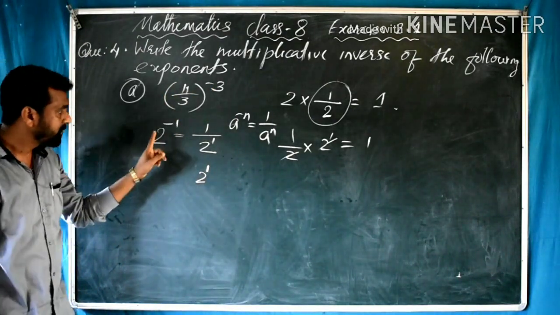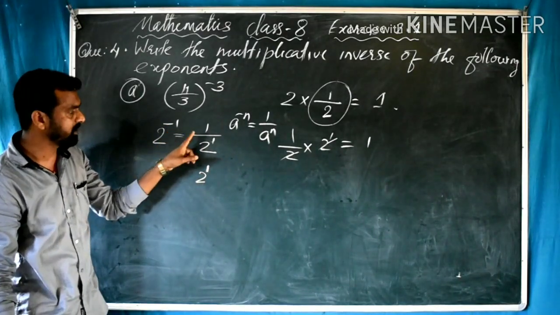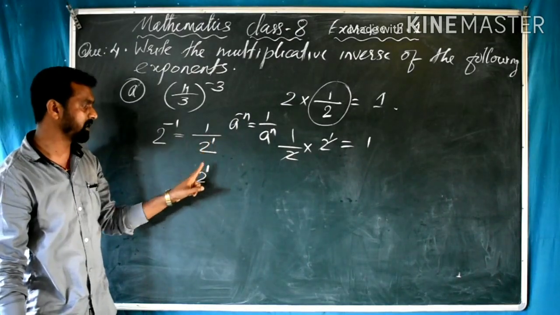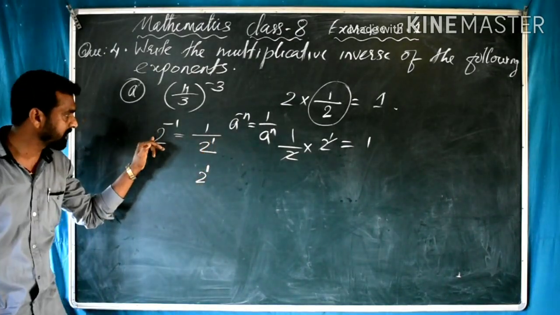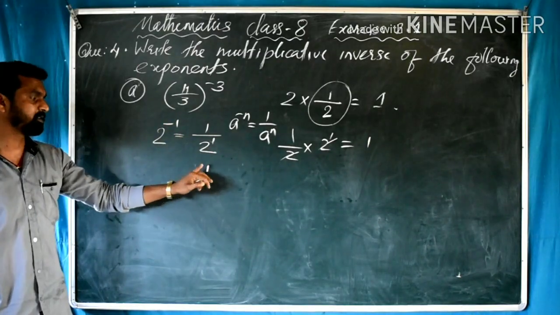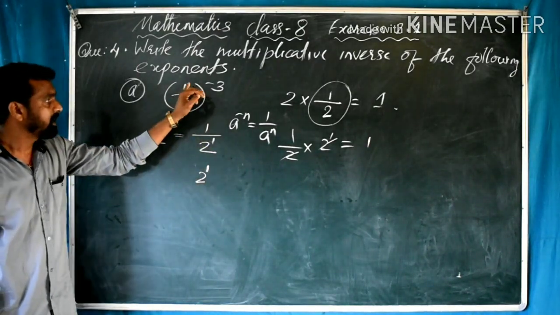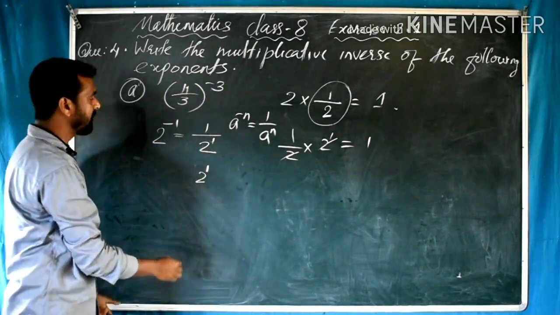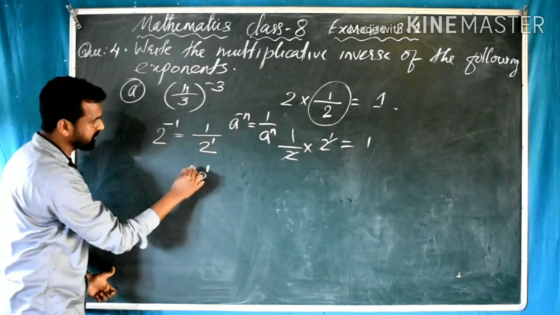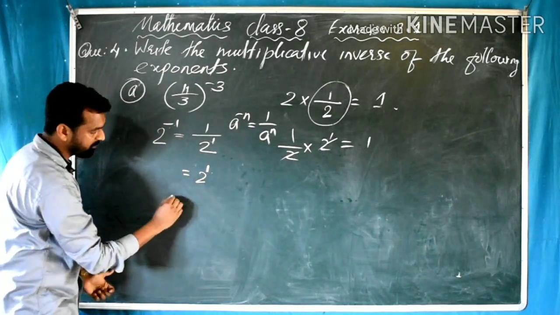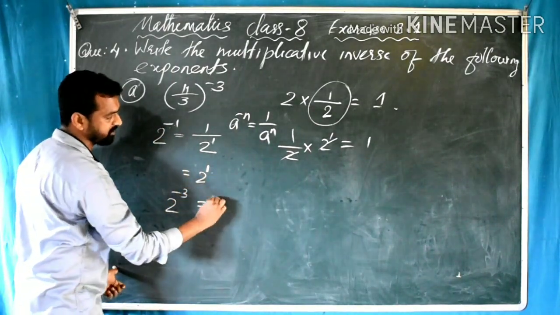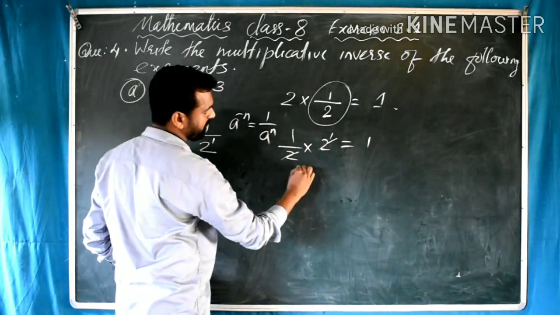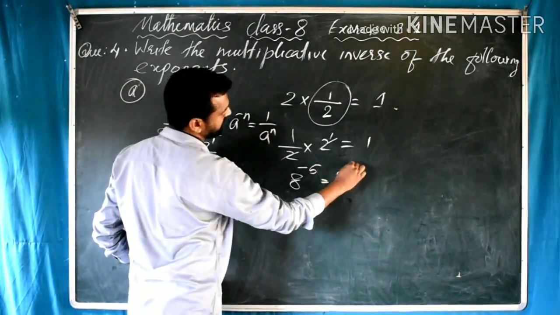Now you see, 2 raised to minus 1 is equal to 1 by 2 raised to 1. So the multiplicative inverse of 1 by 2 raised to 1 is 2 raised to 1. That means the multiplicative inverse of 2 raised to minus 1 is 2 raised to 1. Multiplicative inverse of 2 raised to minus 3 is 2 raised to 3. Multiplicative inverse of 8 raised to minus 5 is 8 raised to 5.